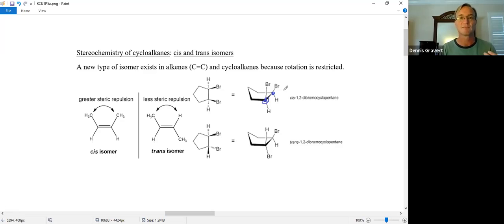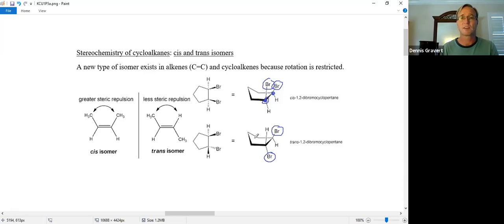They can wiggle and distort a little bit, rock back and forth, but that's it. So for me, being a visual learner, I more clearly see this drawing where the two bromines are close together, whereas this bromine is much farther away from that one. These drawings kind of show me that idea, the clearest.